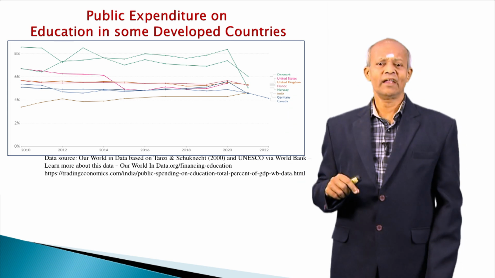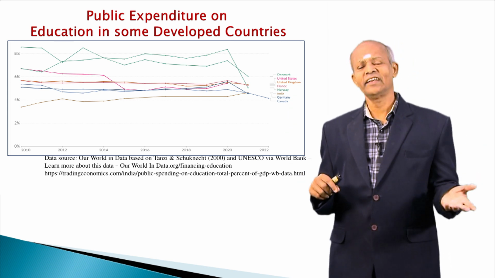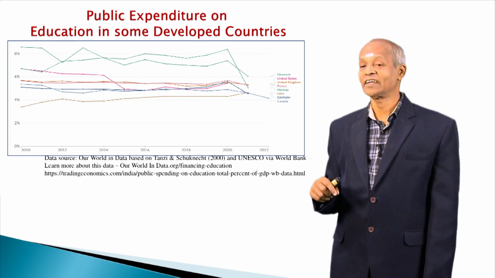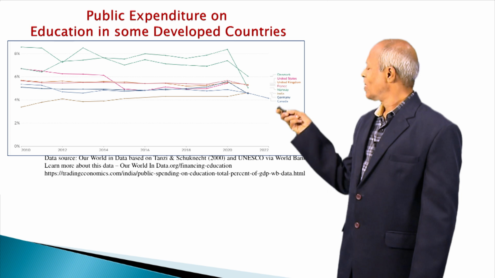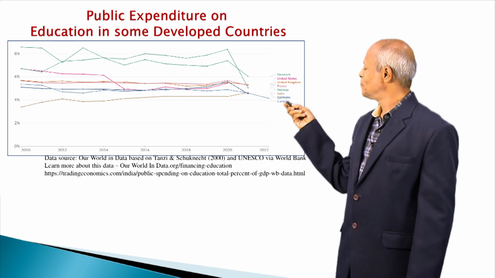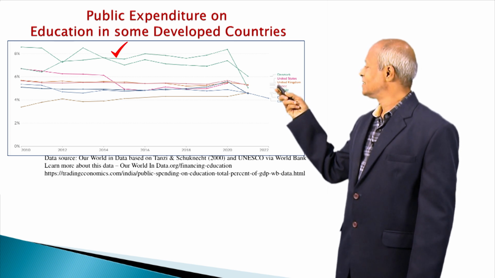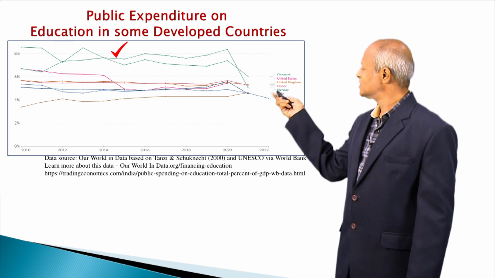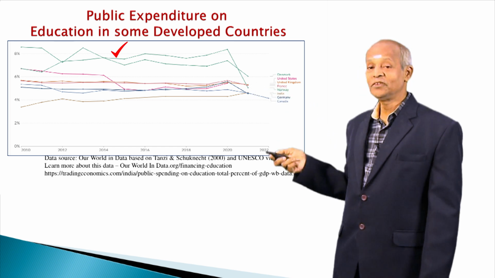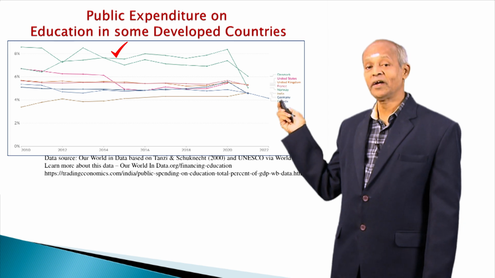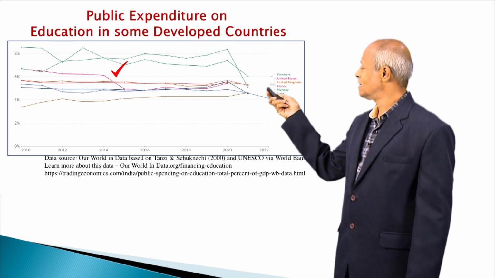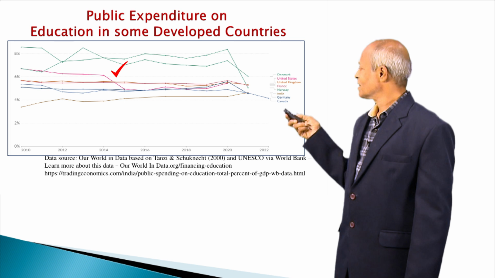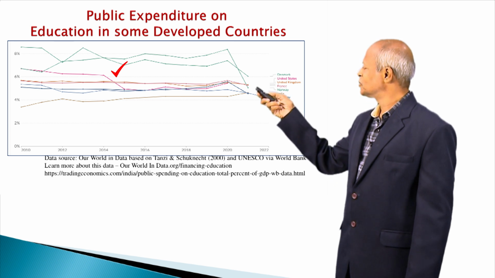Now, let us compare how the foreign or western countries are spending. It is a comparative diagram, and here you can see the green, that is Denmark. Denmark is spending around 8%, India 4.6, and the United States, United Kingdom, and Canada are all around 5 or 6%.